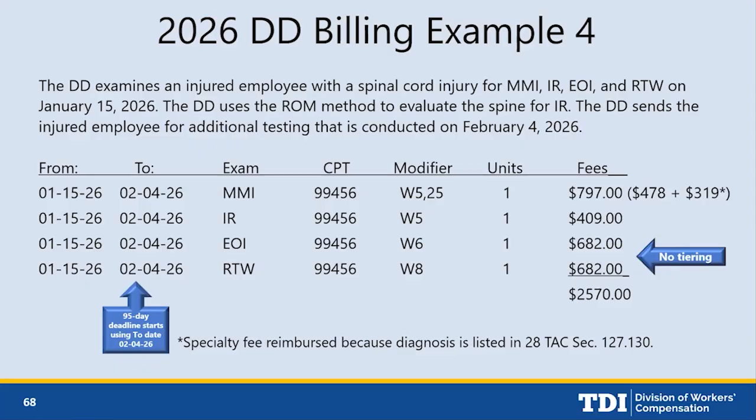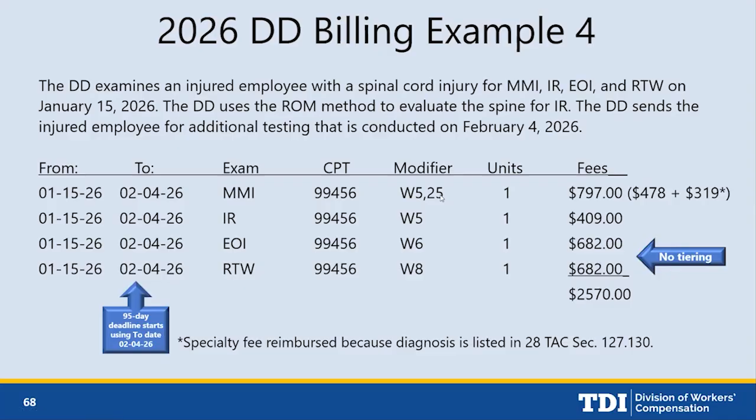So the from date is the date of the examination. The to date is the date of the testing, not when you got the report. Your 95 days begins using that February 4th date, right? The date of the additional testing. And then also on this bill, we see that this is a complex diagnosis.